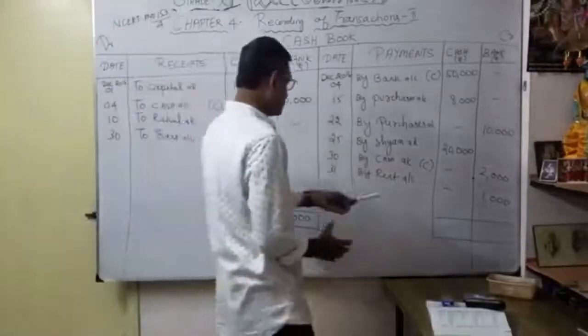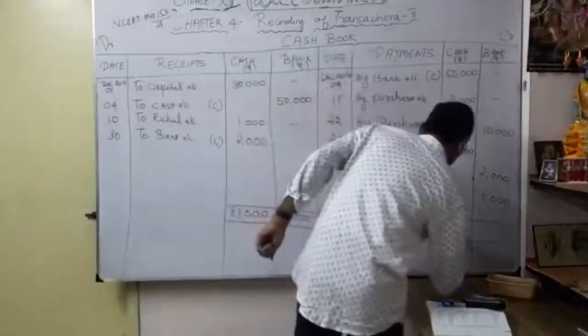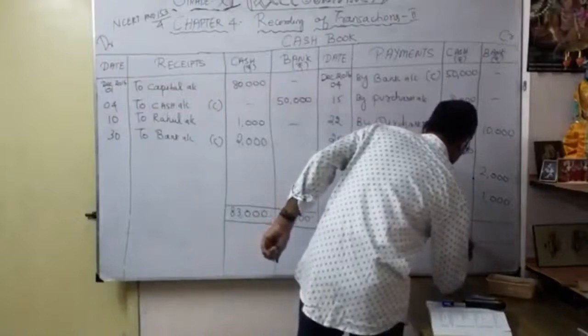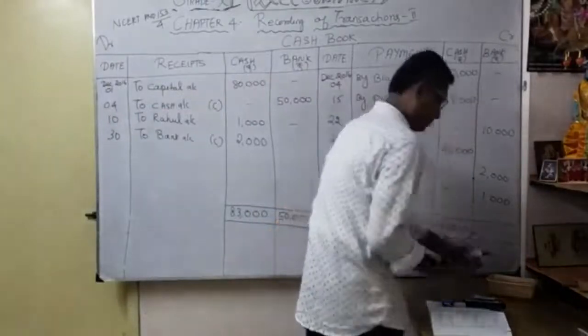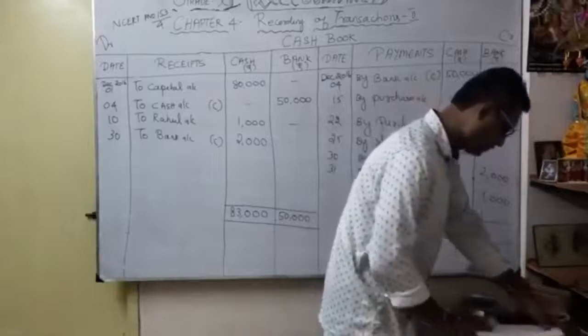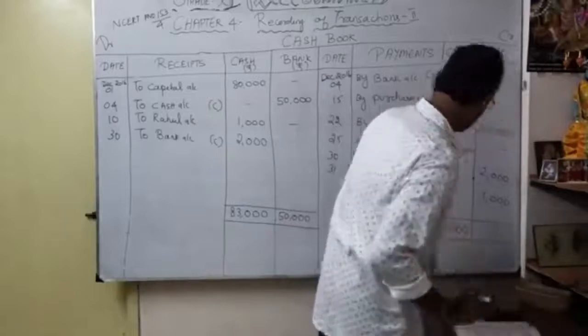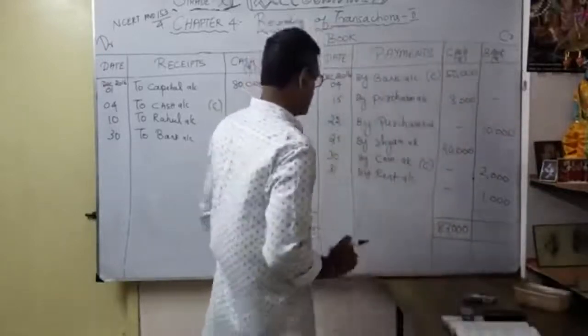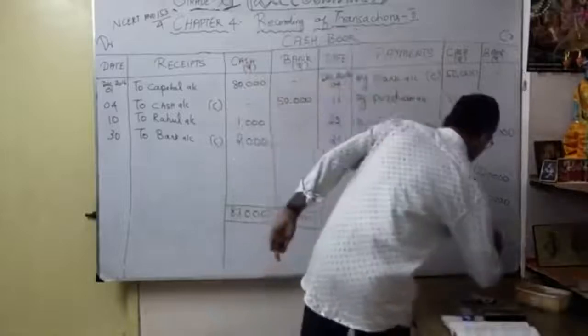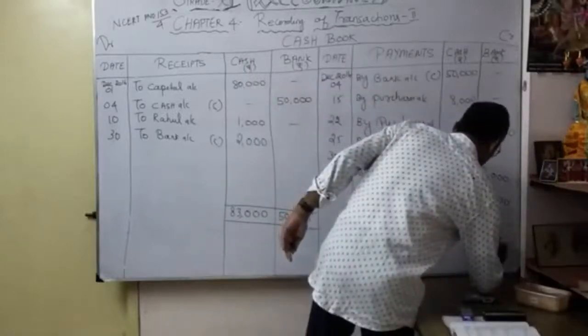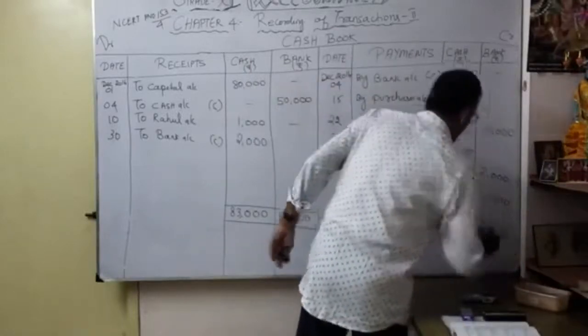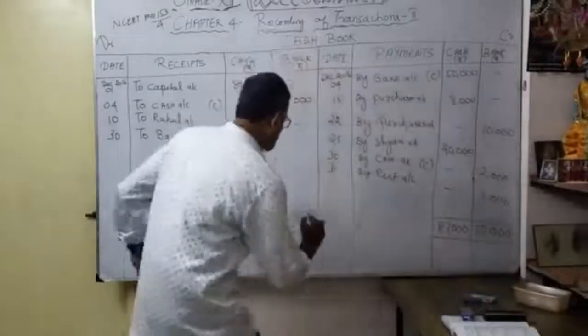We want to put the same amount here, 83,000. Similarly, our bank column, 50,000. So we have to do the same here.